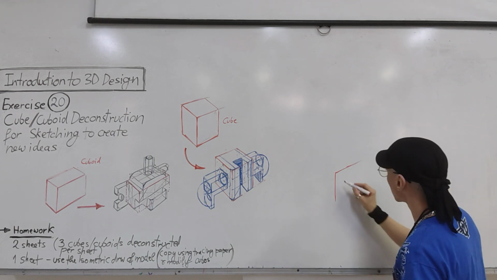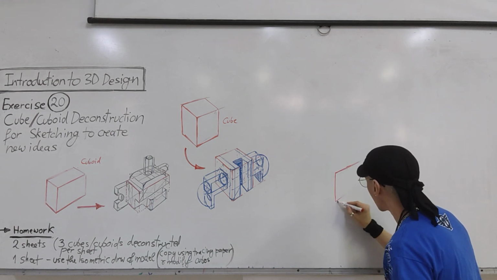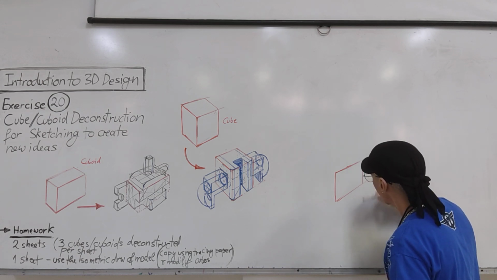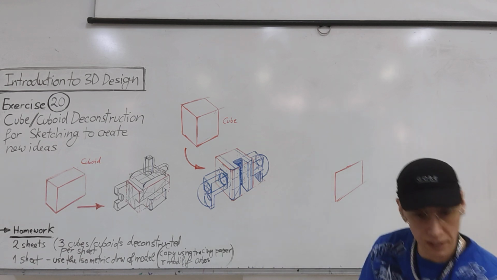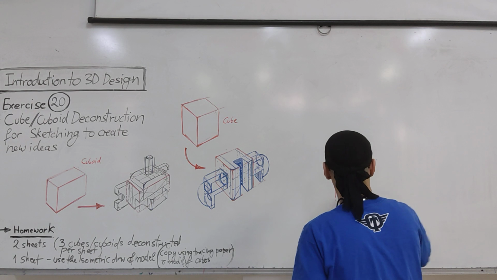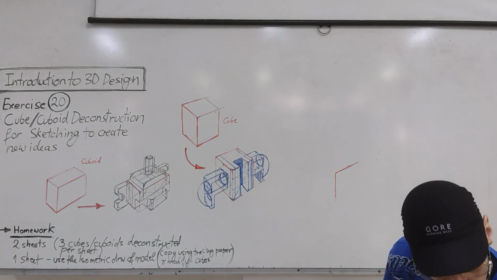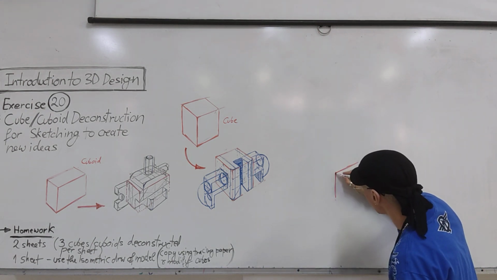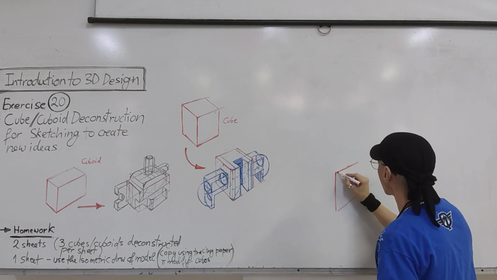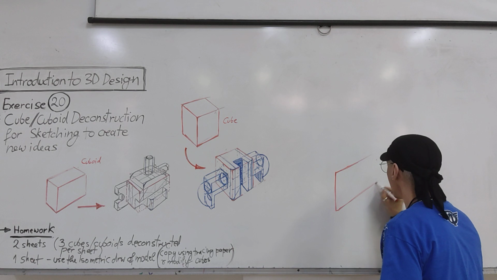So all these lines should go to the vanishing point. Let me make it a little bigger. So we start with an edge. All the lines go to the vanishing point.